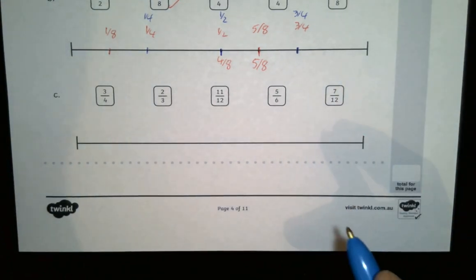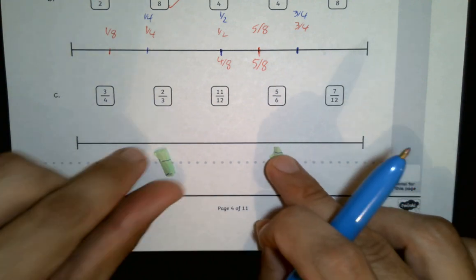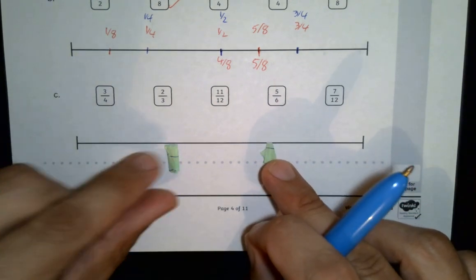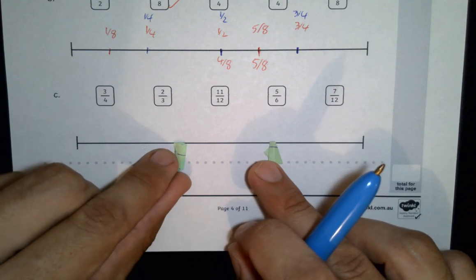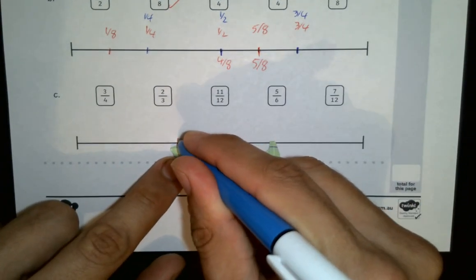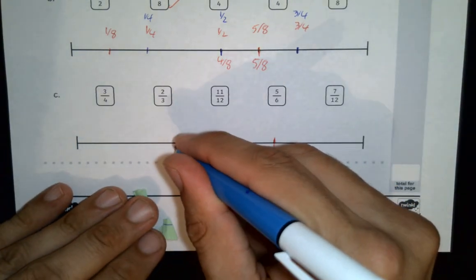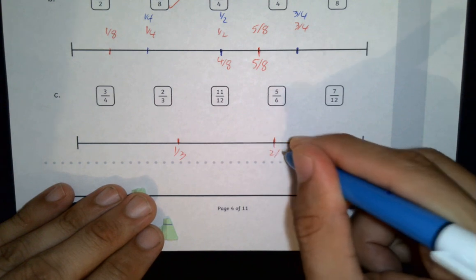So again, I just want to make it go into thirds. I'm just using my little markers. You can obviously use a ruler, that would have made it so much easier. So if I'm saying this is a third, and this is 2/3, third, 2/3.